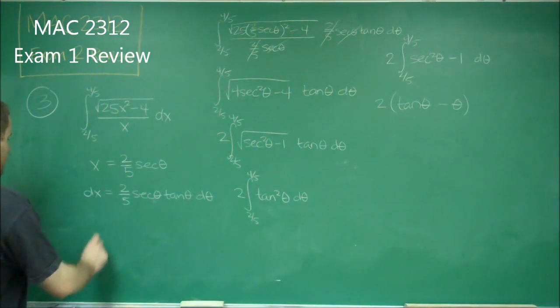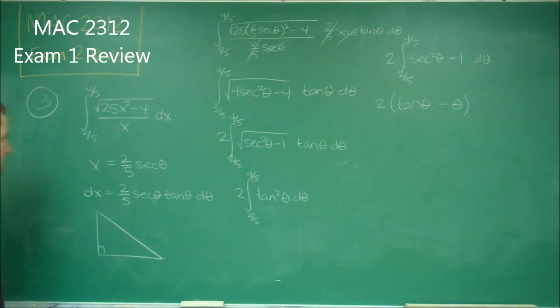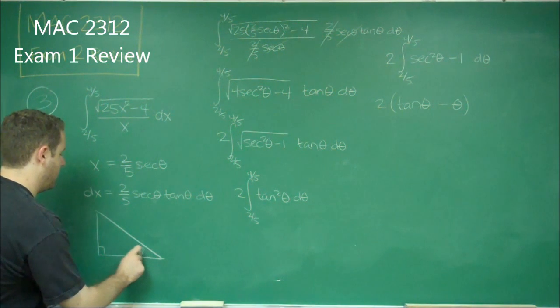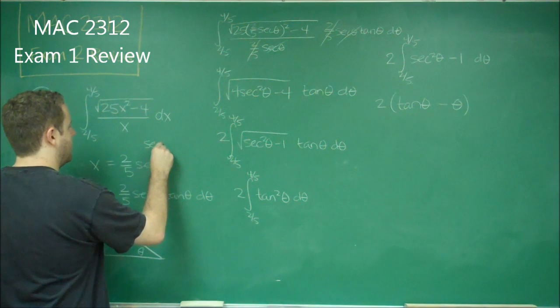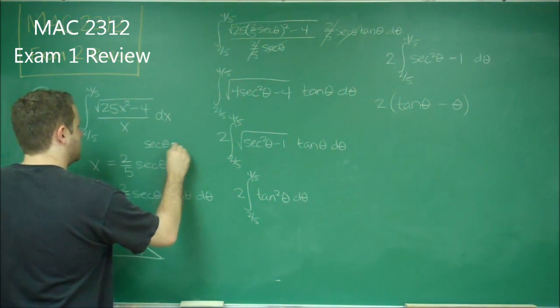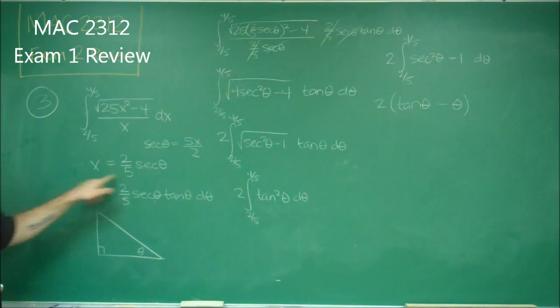So let me draw that here. We have a right triangle, and let's call theta this. What you want to do when you get to this point in the problem is rearrange what you trig subbed just so that you have the function. This is saying that secant theta is equal to 5x over 2, if I just solve that for secant theta.